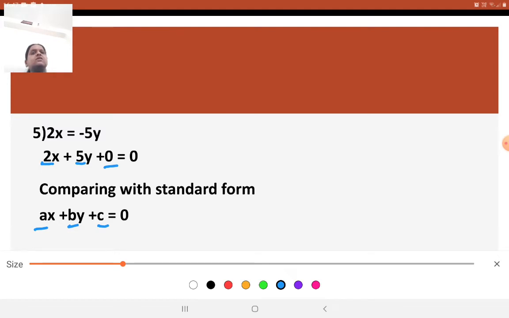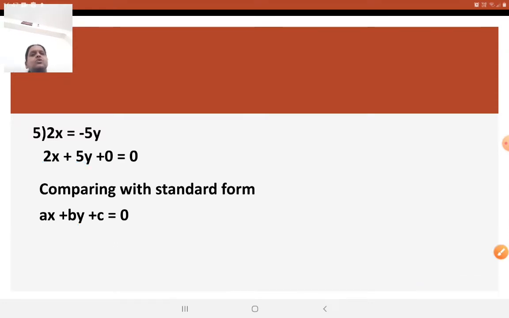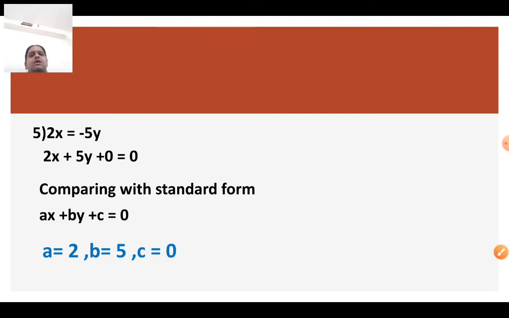Don't leave it out. If it is not there, it is considered as 0. Don't write only the a and b values, and don't forget to write c. Nothing is given, that means c is 0. So the final answer: a equal to 2, b equal to 5 and c equal to 0.